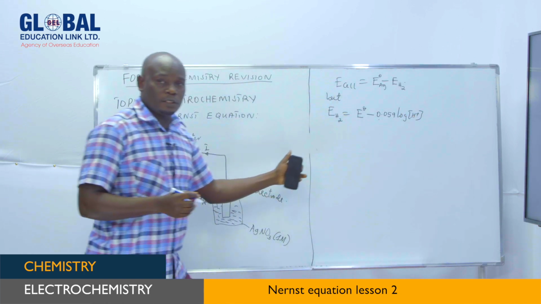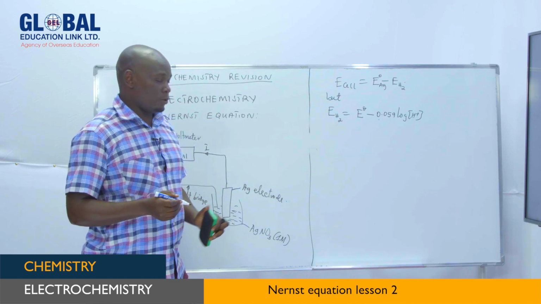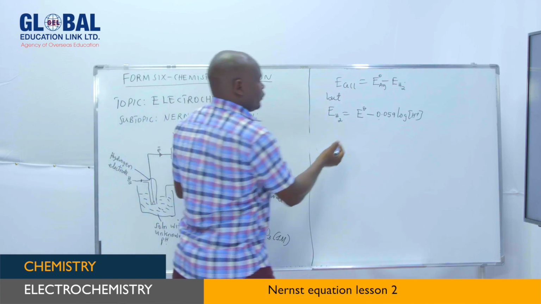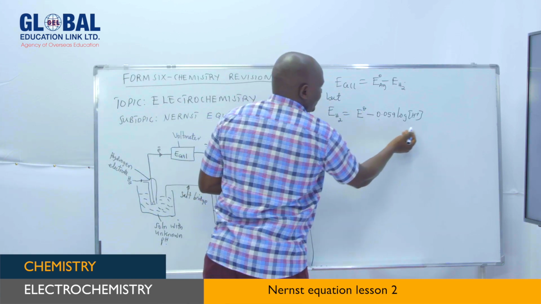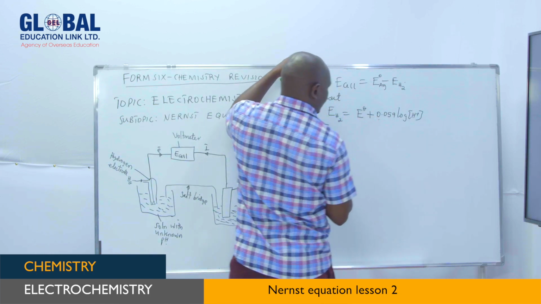I know you remember this when we were starting to discuss the standard electrode potential or the application of the Nernst equation. Now, if we substitute this value, here this one is positive.